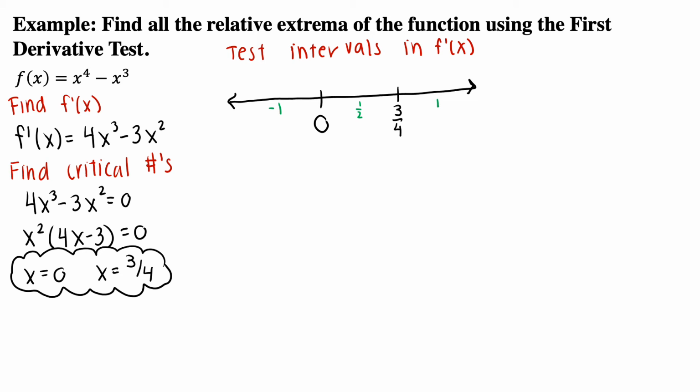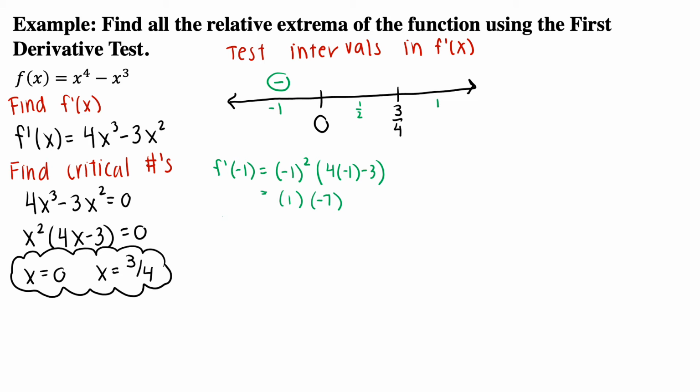We're testing in our derivative. So let's look at f prime of -1. Plugging into our factored form, I get -1 squared times 4 times -1 minus 3. Whoops, that's too many parentheses. Gives us -1 squared is just 1. -4 minus 3 is -7. Positive times negative gives us a negative.